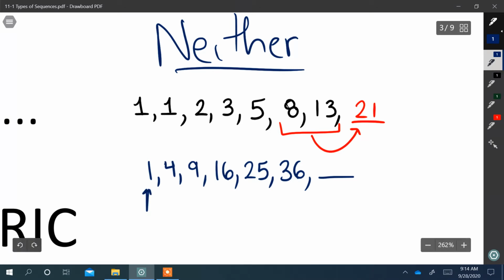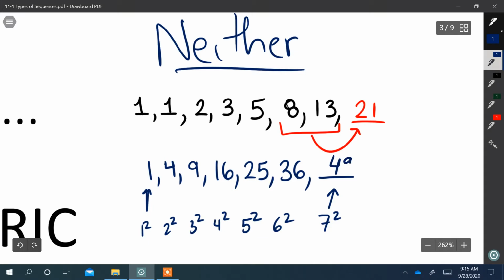The pattern is probably not that obvious when you look at the numbers, but you can see that they're all perfect squares. 1 squared, 2 squared, 3 squared, 4 squared, 5 squared, 6 squared. What will be the next one then?